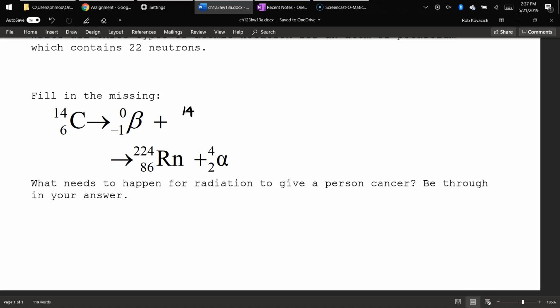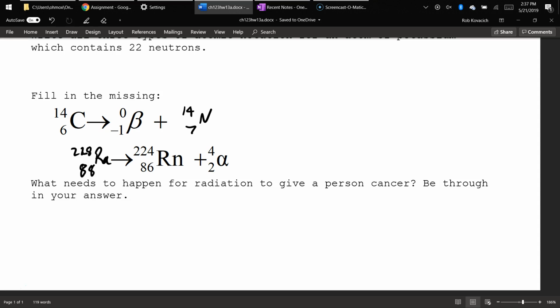And this has to be a 7, right? 7 plus -1 gives me 6. So then that's a nitrogen atom. And then on this other side over here, I need to add up. So this is 228 for my mass number and 88 for my proton number. And so what is that? Radium. Okay.